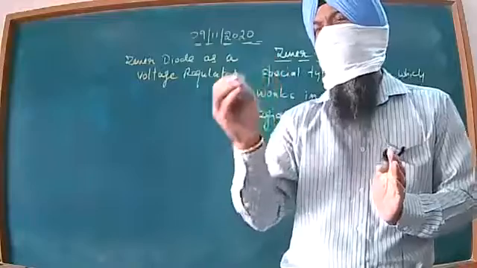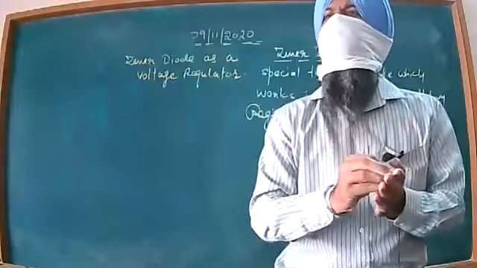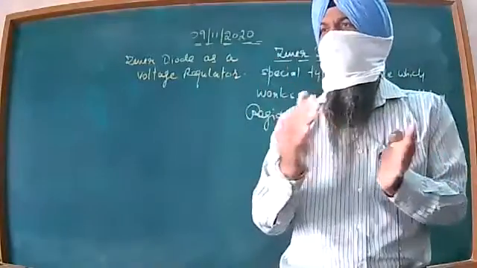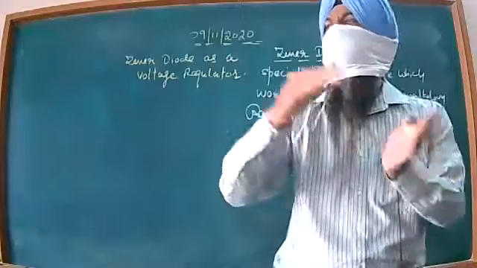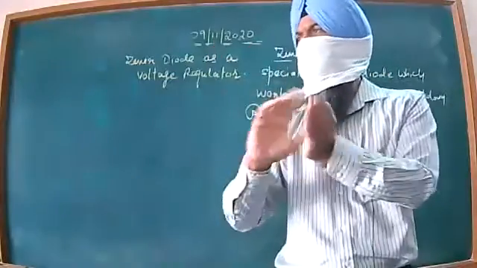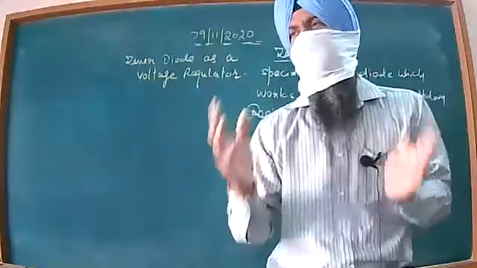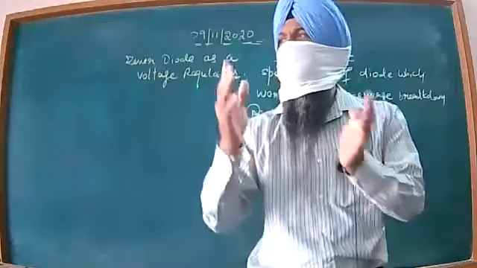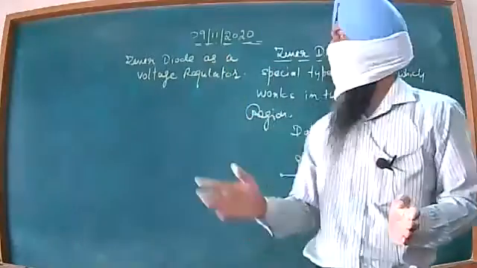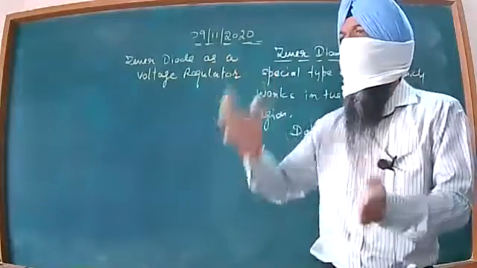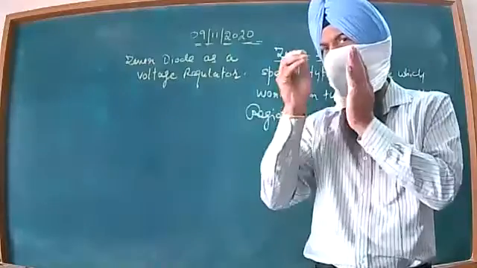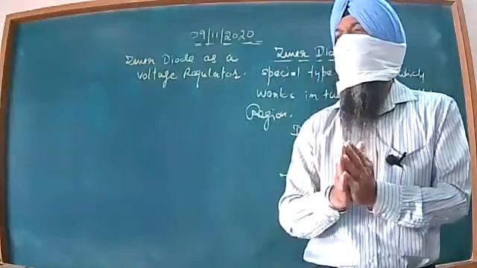Now, beta, if the voltage is not perfectly 220, it is fluctuating, sometimes becoming 180, sometimes becoming 240. A lot of variation is there. But our equipment, our machine, our electrical device, which is working upon this particular voltage, needs exact one value of the voltage.